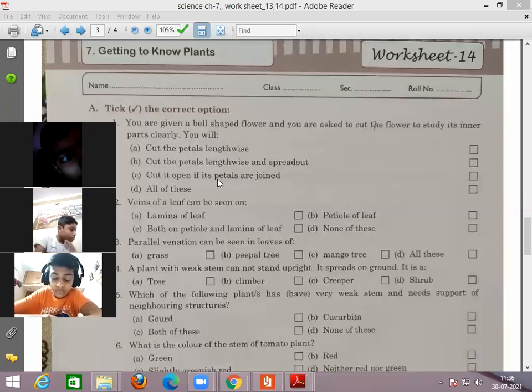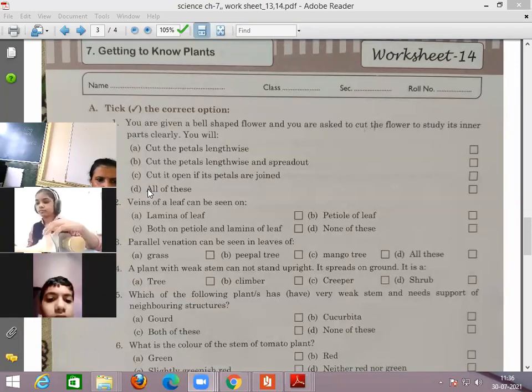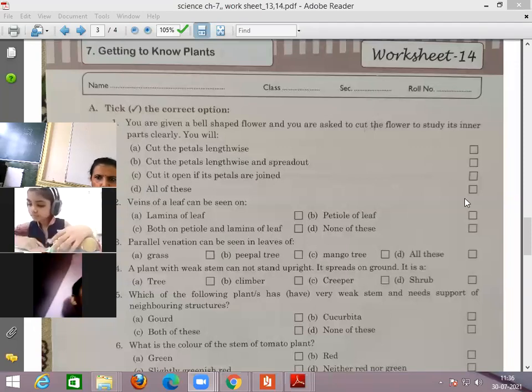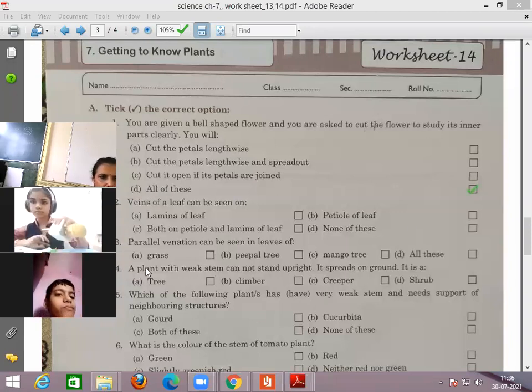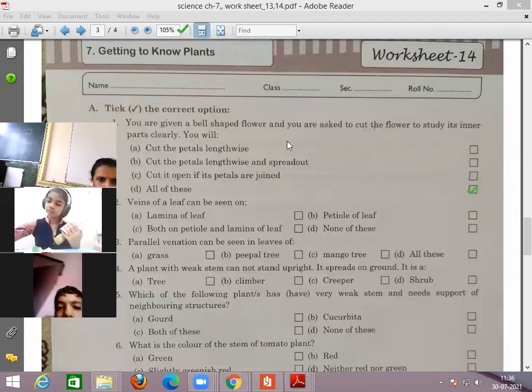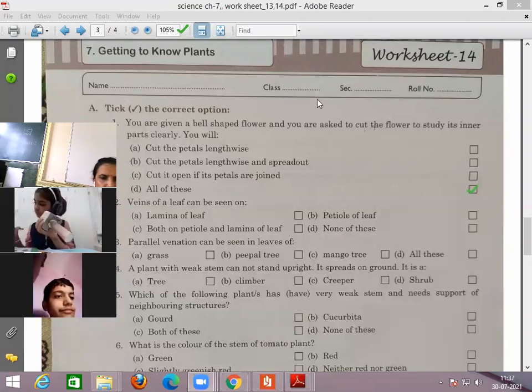Cut it open if its petals are joined. So you have to check each one of the options, what will be correct. So all of these will be the correct answer because we need to do all the parts. We have to cut to see the internal structure.